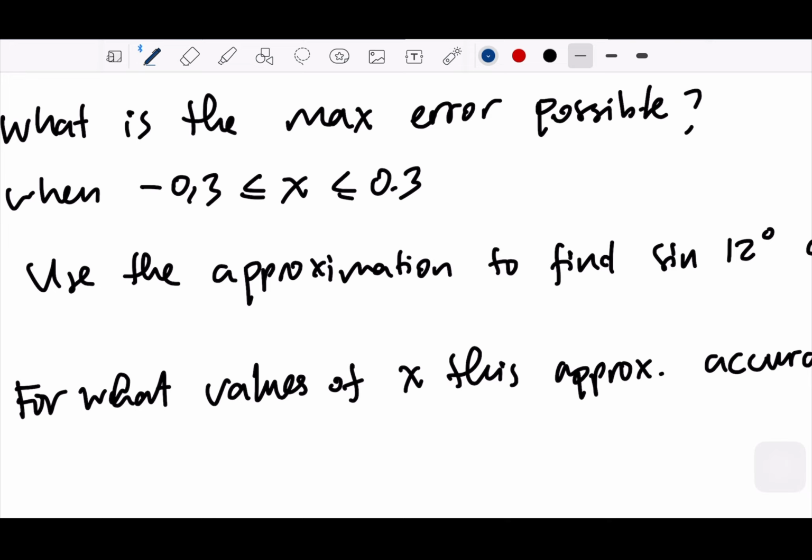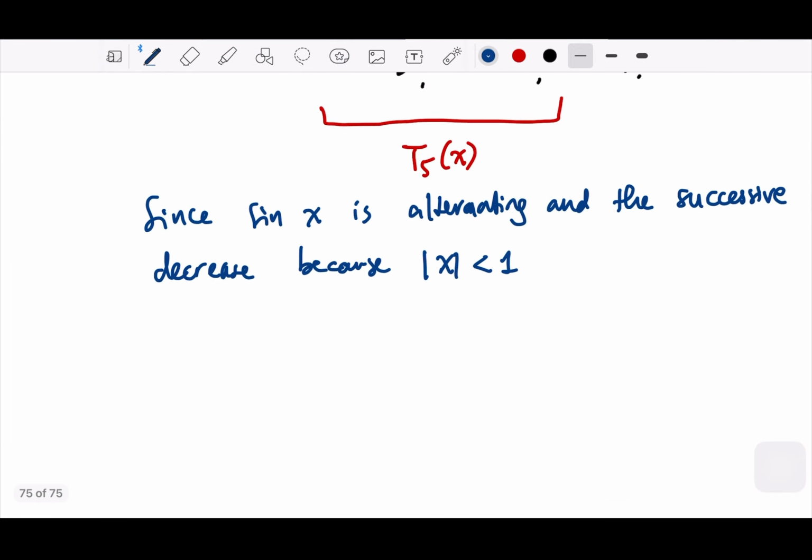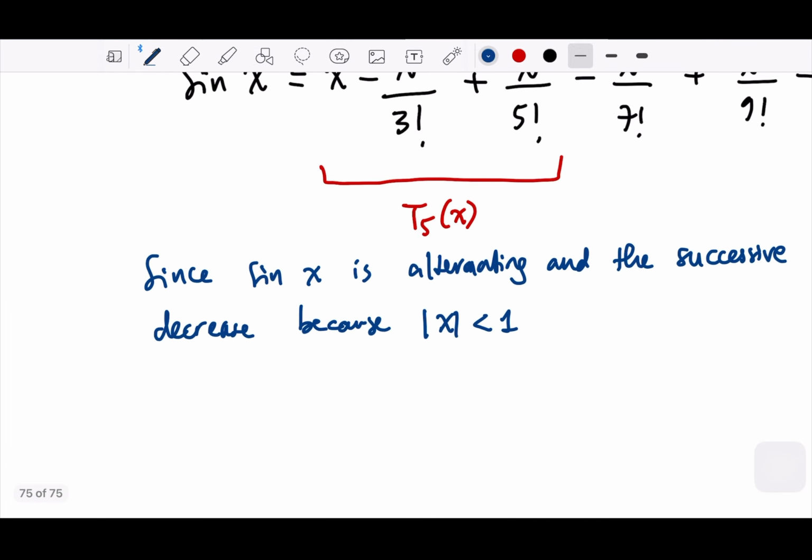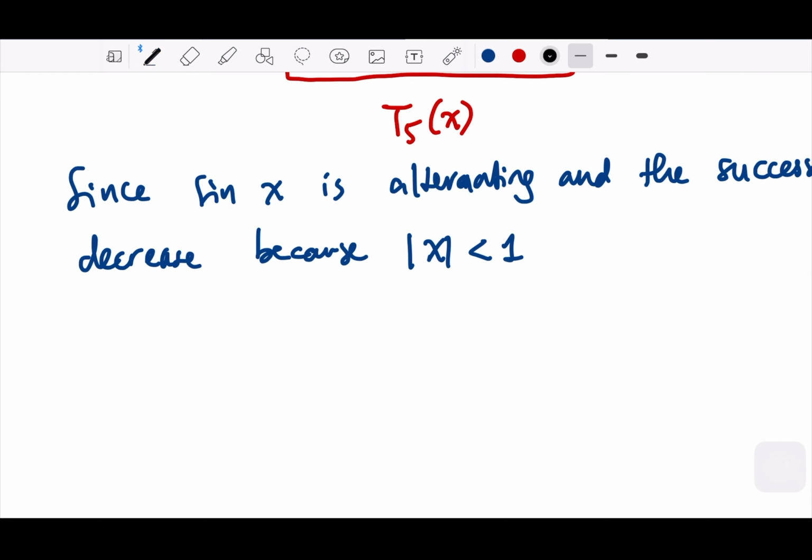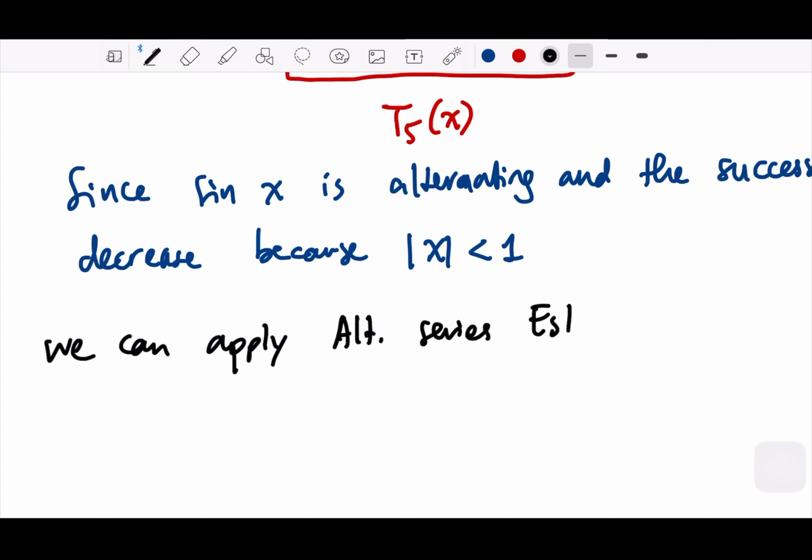Okay, so since that satisfies the alternating series estimation, then we can use it for our calculation. So we can apply alternating series estimation.